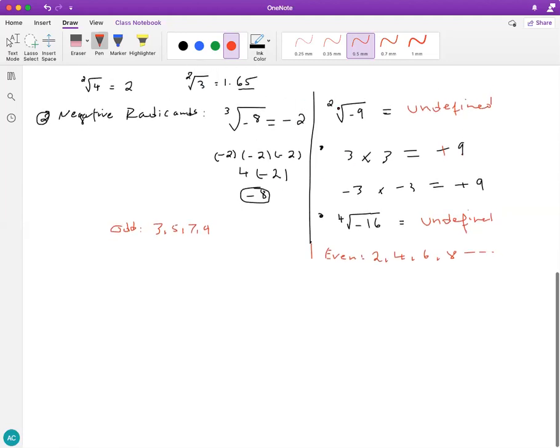Okay, let's write these 2 rules that we just did here. Write them in sentences first. So if, let's take a radical expression. Index here, and maybe x.